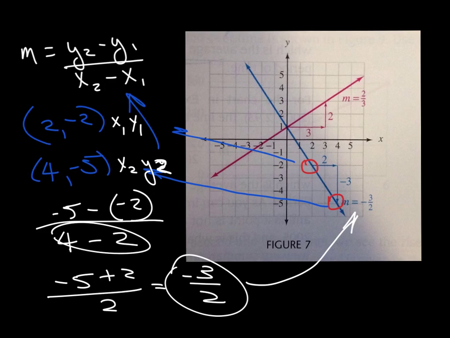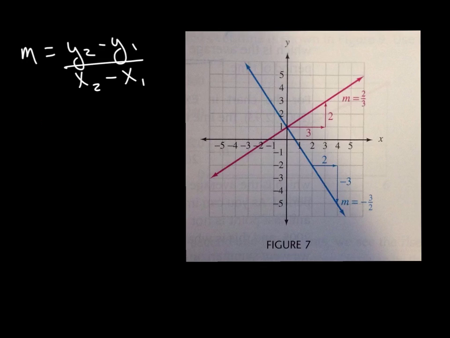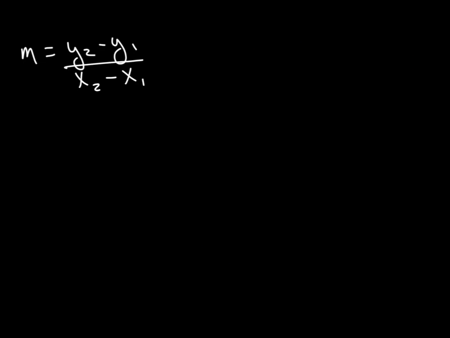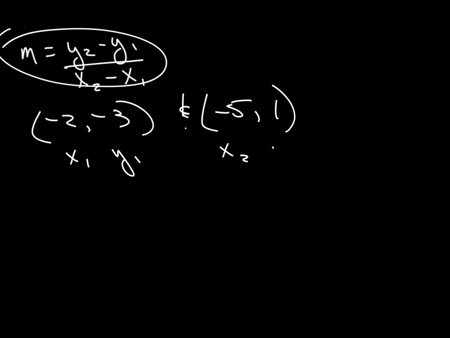Sometimes they won't even give you the handy-dandy graph in order to solve this. Sometimes they'll just say, find the slope of a line that goes through (-2, -3) and (-5, 1), and that's all they give you. Using this formula, let's call this x1, y1, and this x2, y2. Slope equals, what's my y2?